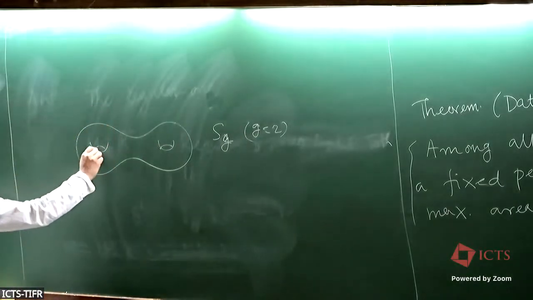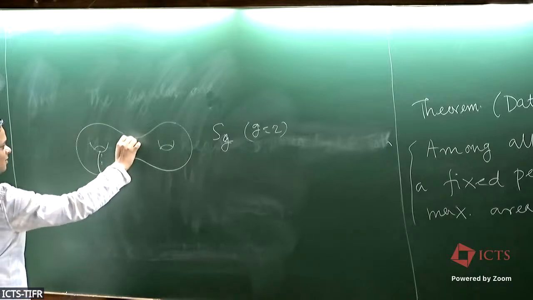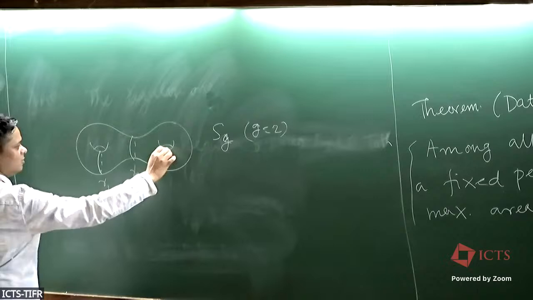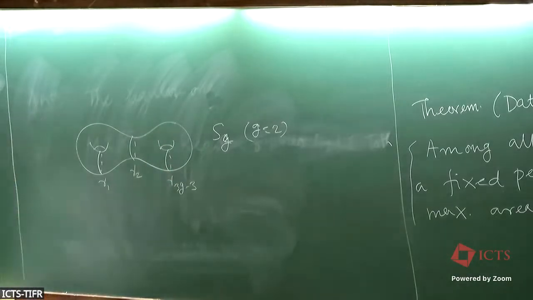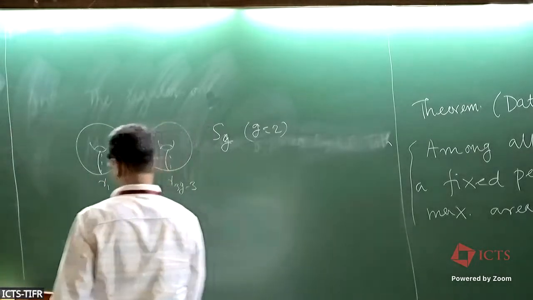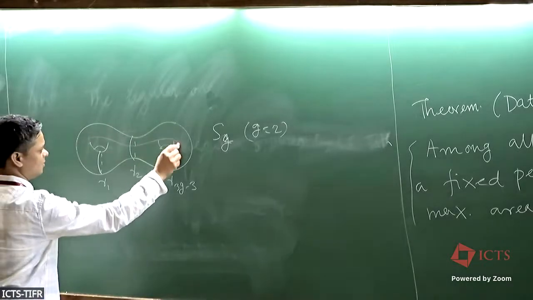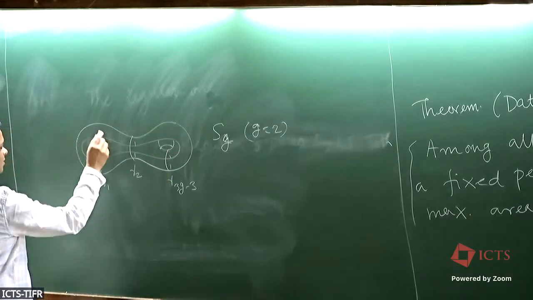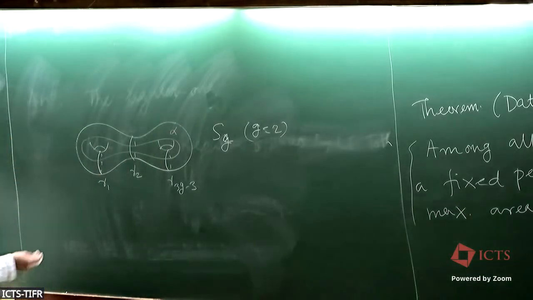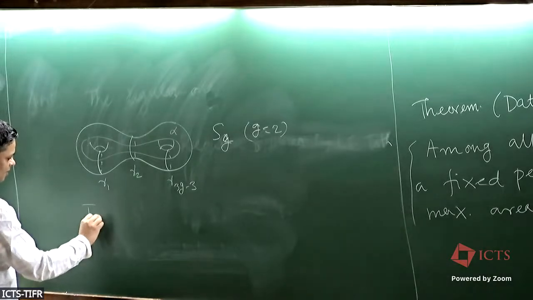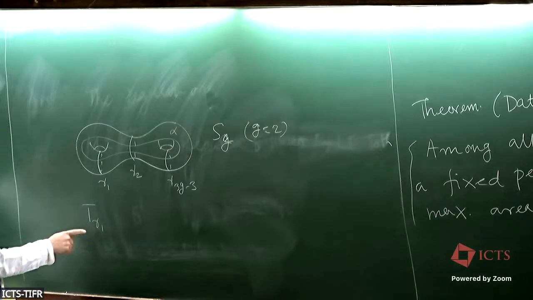Now you consider a pants decomposition, gamma_1, gamma_2 to gamma_{3g-3}. Now we consider a simple closed curve, let's say alpha. T_gamma is the Dehn twist about the curve gamma.